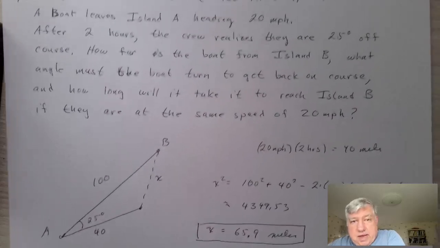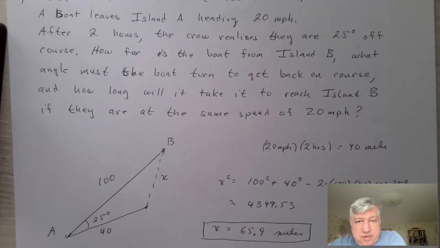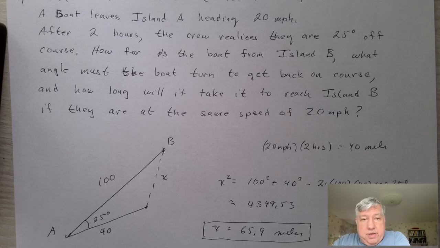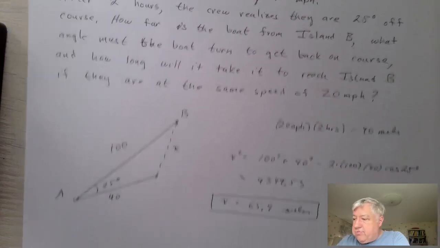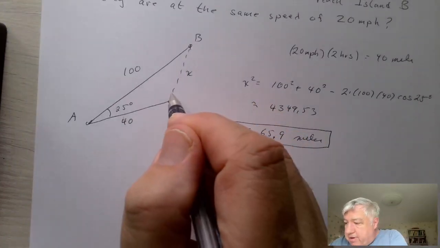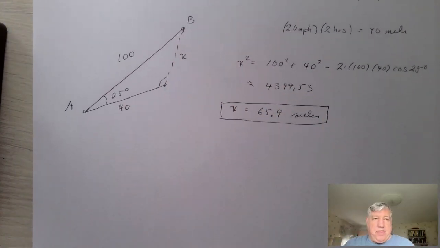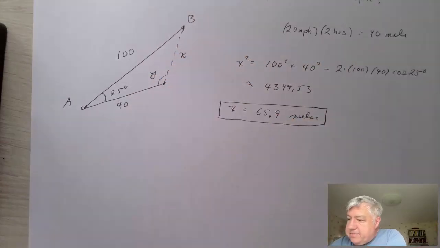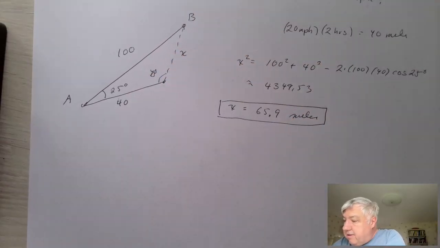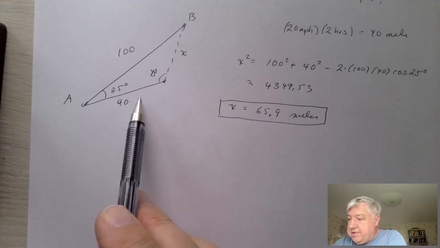Now, what else are they asking? What angle must the boat turn to get back on course? Well, obviously what we want to do is find this angle and then see what that means for our boaters. So let's call this beta. Now we can use the law of cosines again.